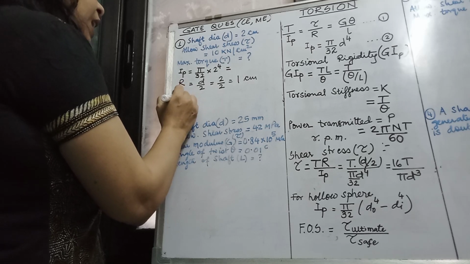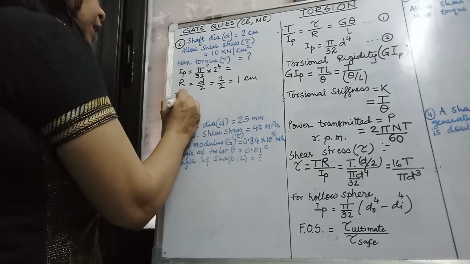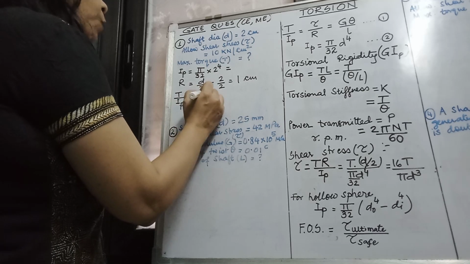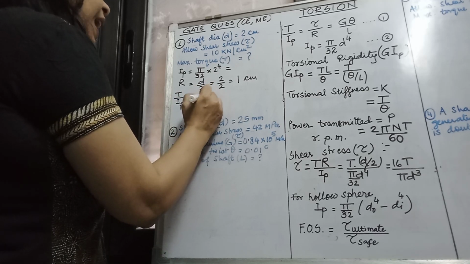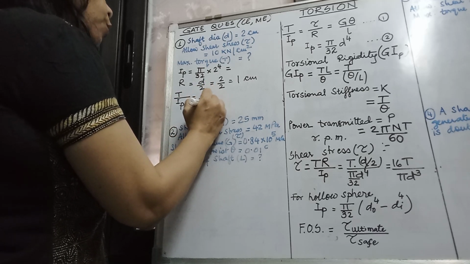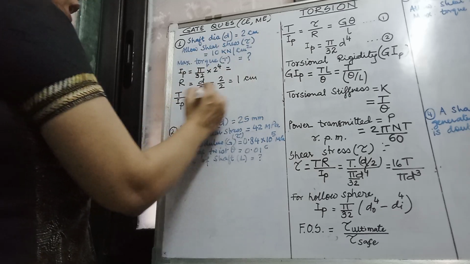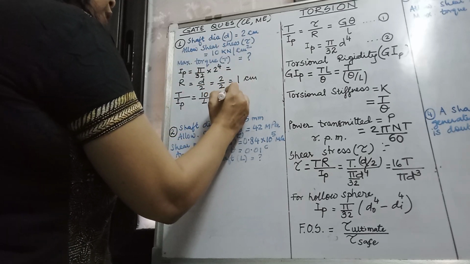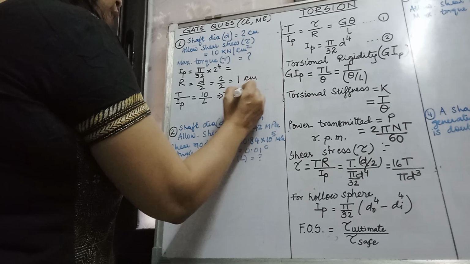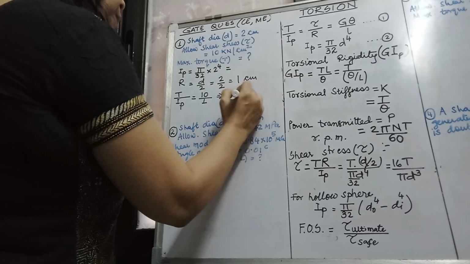So T by IP is equal to tau by R, where the tau value is 10 and the R value is 1. So T is equal to 10 into IP.